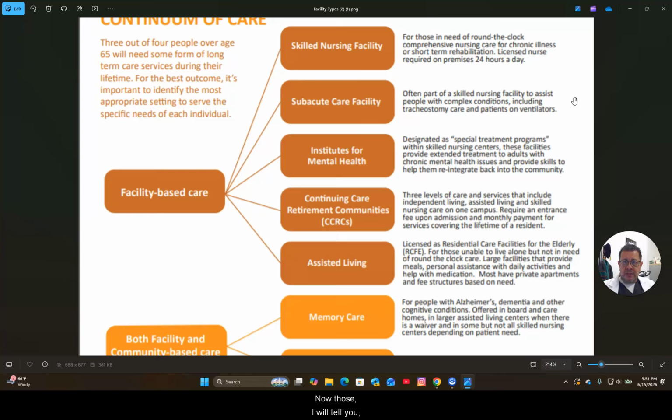Now, those, I will tell you, are great for RDHAPs because dentists usually will not go to these places. They still fall under Title 22, so they have to have some sort of referral system for dentists or dentistry. But for RDHAPs, every single subacute facility in the state should have an RDHAP. And if you ever find one, you better get it.